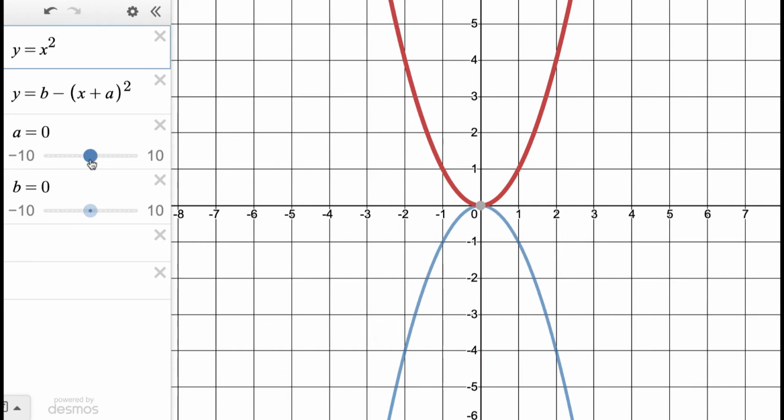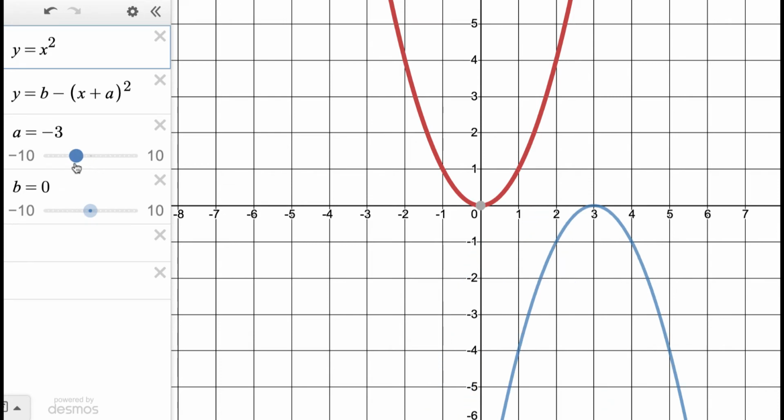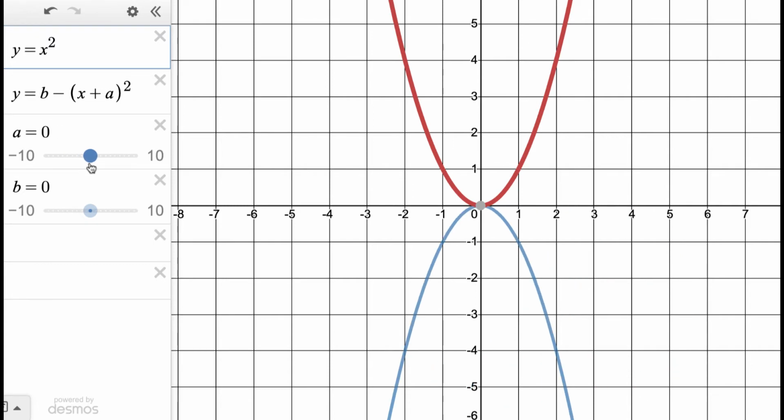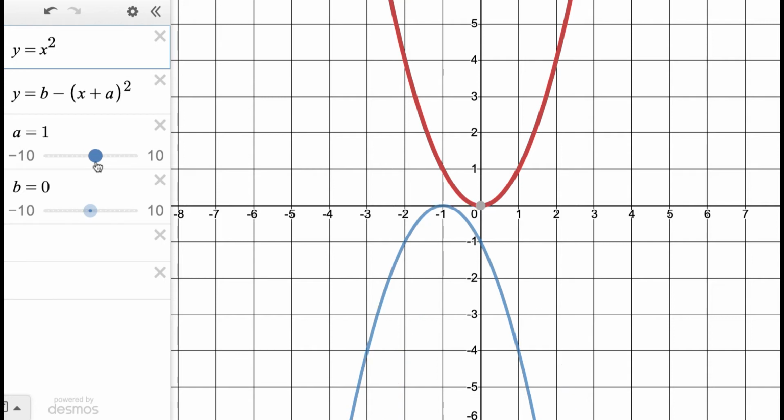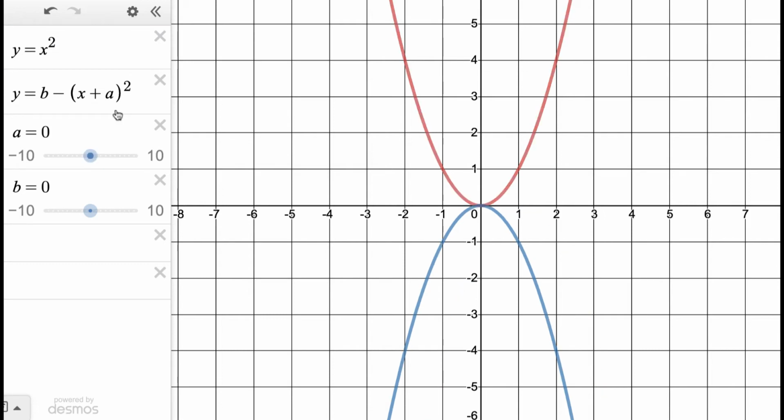And if I made it (x minus 1) all squared, (x minus 2) all squared, and so on, it's going to the right. In fact, it appears to be going the opposite way to what you would expect. x plus 1, 1 to the left. x minus 1, 1 to the right. So that's the effect of the a term.